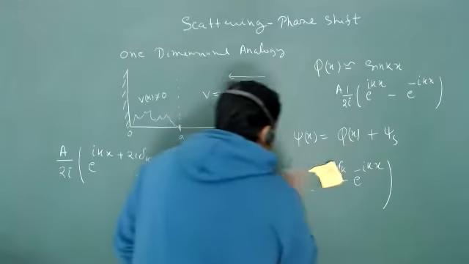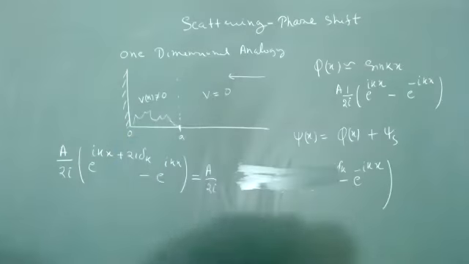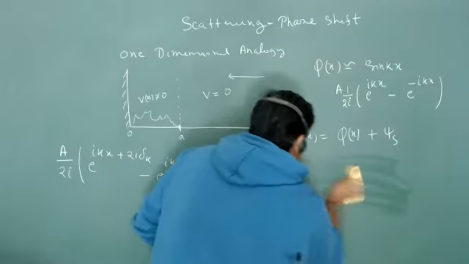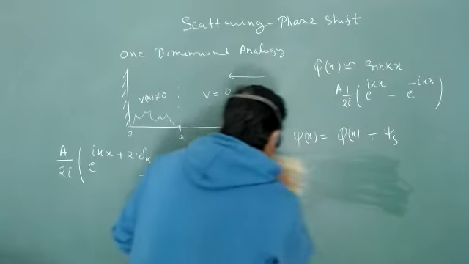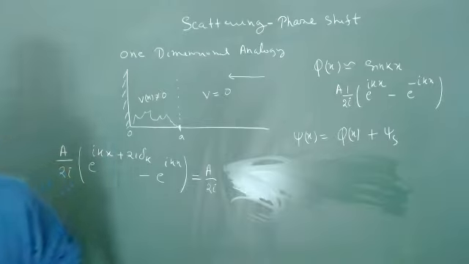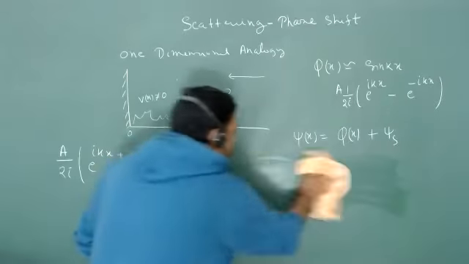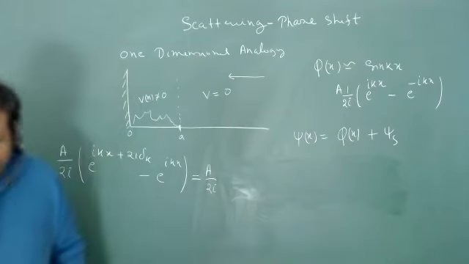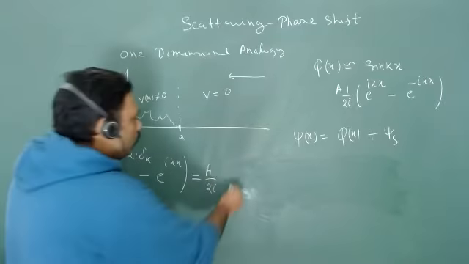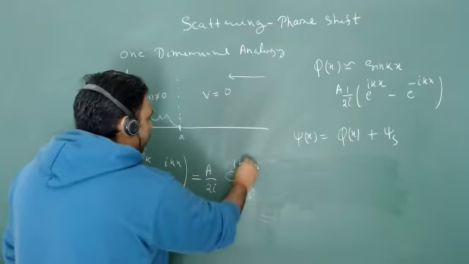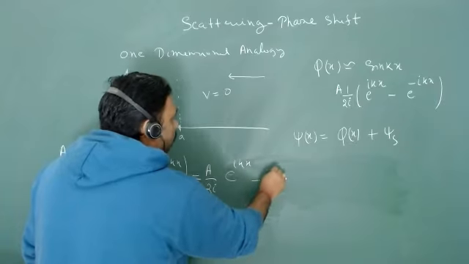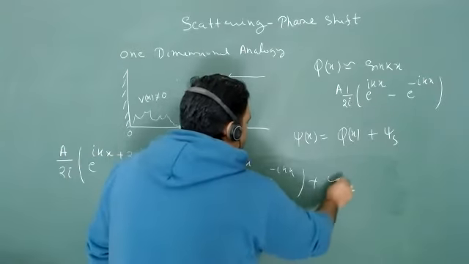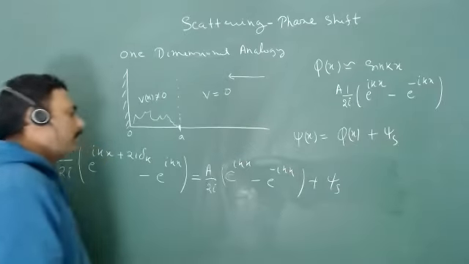So I'm just removing this thing. So what will happen? A upon 2i e to the power ikx minus e to the power minus ikx plus psi s. And this is my scattered wave.